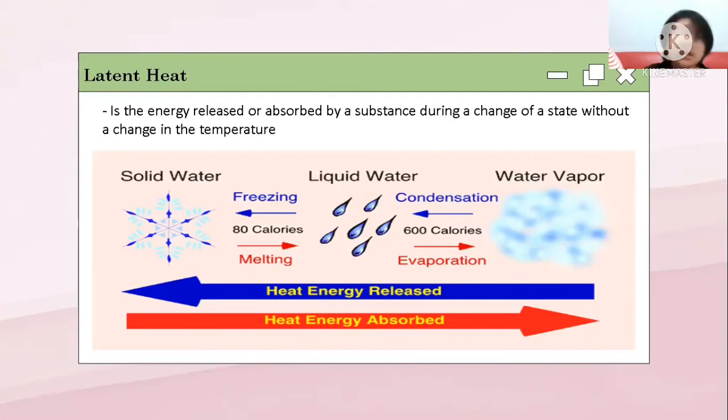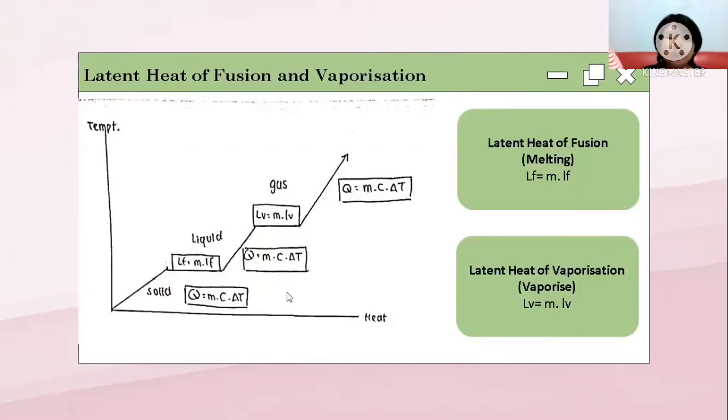With that in mind, we can do this diagram over here. Now, there are 3 stages here: solid, liquid, to gas. The part where it starts to go up shares the same formula, which is Q is equal to M times C times delta T. But there's the region here, these 2 regions over here, where the line is just constant.